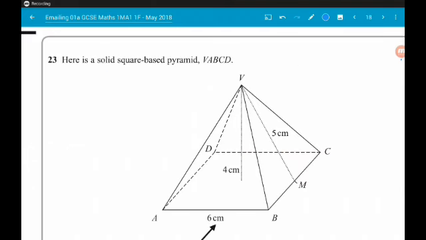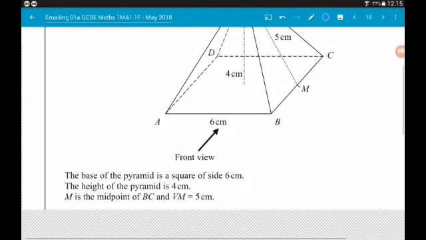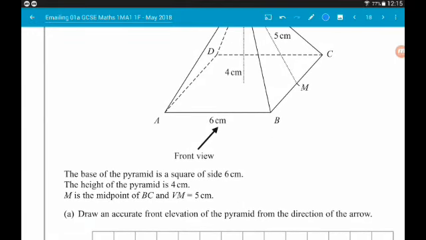Okay, question 23. So we got a solid square-based pyramid V, A, B, C, D. So the base is a square of side length 6 centimeters. The height of the pyramid is 4 centimeters.